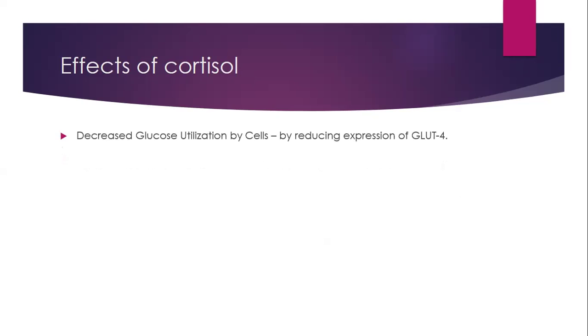Now, one intriguing thing about cortisol is that it will increase the blood glucose level, but it will decrease its utilization. And one of the mechanisms that has been proposed is that it can reduce expression of GLUT4 in the muscular tissue. So glucose cannot be used by the muscle, and thus it will accumulate within your blood.